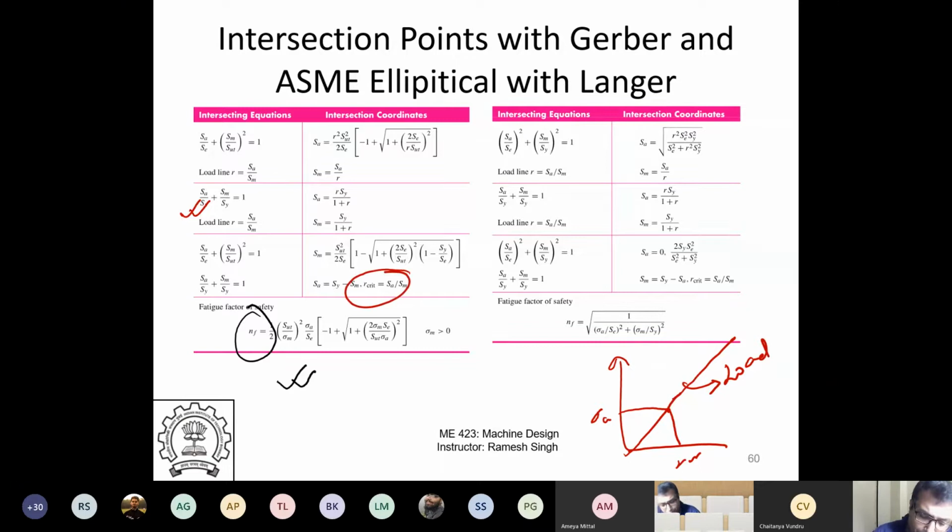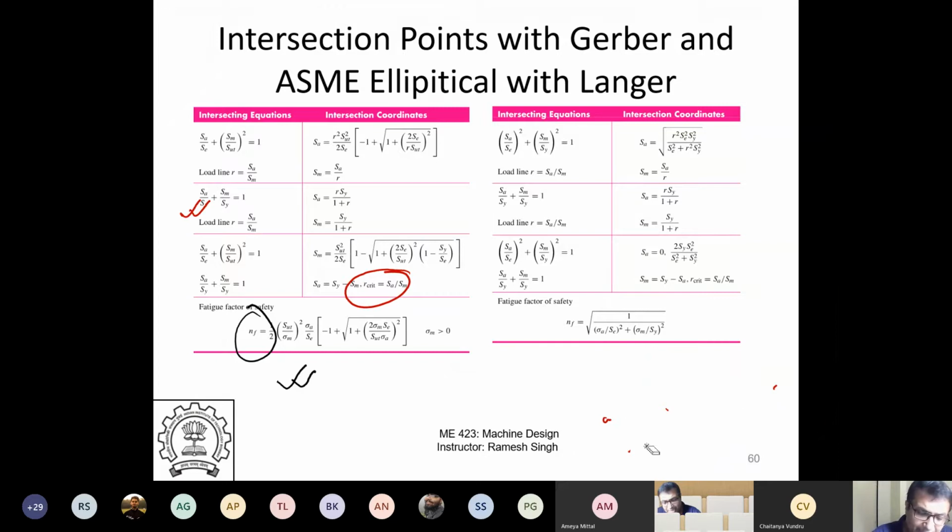If I have SE, SUT, and yield like this, the slope where first cycle yield occurs is R critical. So this is load line, this is critical line. Wherever the first cycle yield occurs, the line joining that point and the origin is called the critical line.